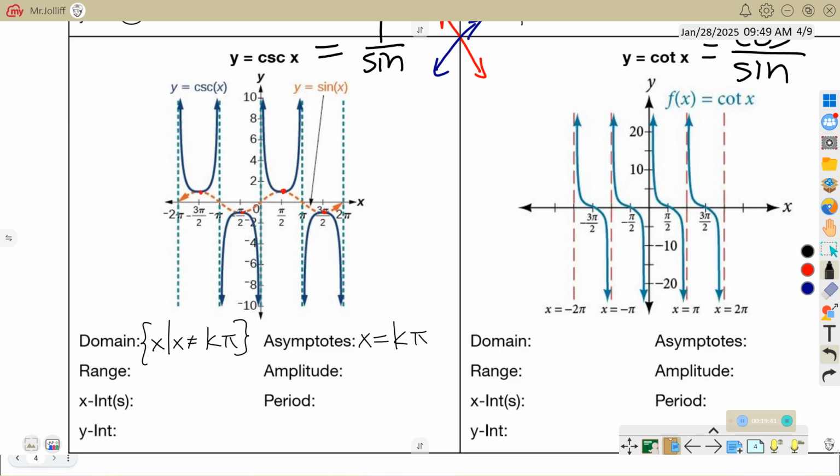Same as secant, because I can see that those bottoms and tops are occurring at the peaks and valleys of sine, which occur at 1 and -1. Yeah, so we get 2 chunks for our range. We get the lower chunk, minus infinity to -1, and the upper chunk, 1 to positive infinity. Yeah, I agree.